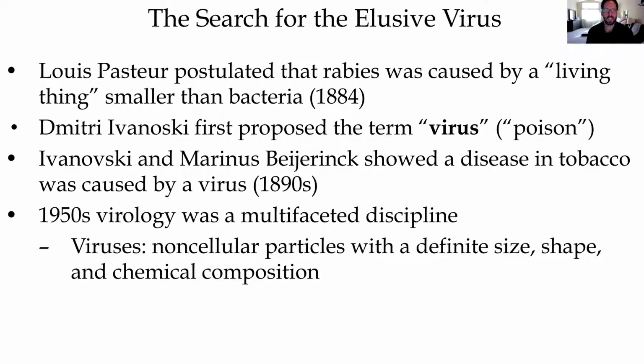It wasn't really until the 1950s, though, that virology emerged as a really defined field of study. We had understood it enough by that point to really figure out how these viruses work and the mechanisms that they use. Remember, viruses aren't cellular.